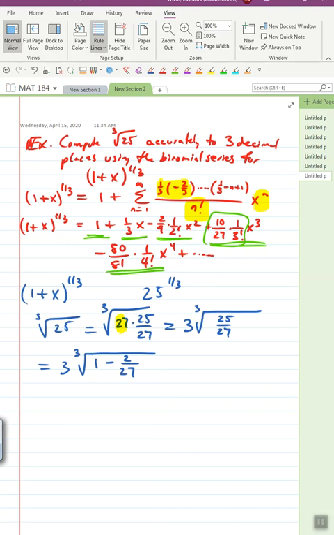And now you should be seeing why I went this direction. When I'm doing the binomial series, it's not like what we did in Calc 1, where I'm just asking you to make 102 close to something that has a nice square root. I actually need to pick something that's close to 1 to make this binomial work, because it's 1 plus x.